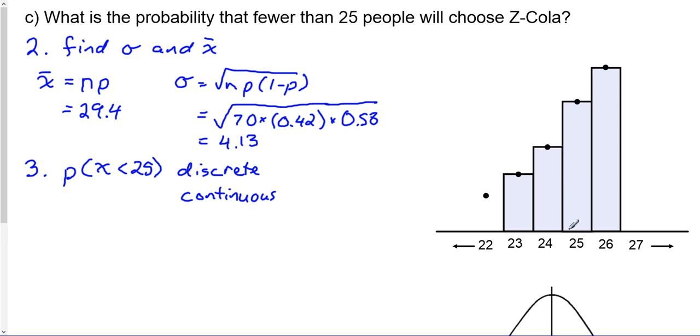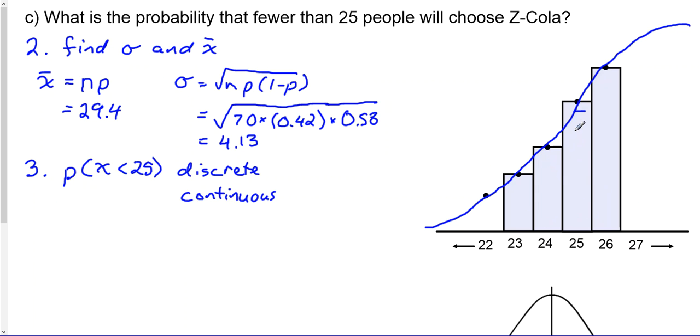So I've got my binomial, my discrete probability distribution here. If we're using the normal approximation, it's going to look something like this. The probability that we want here is everything less than 25.